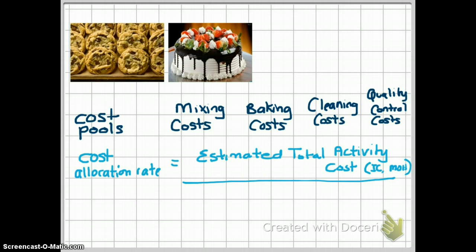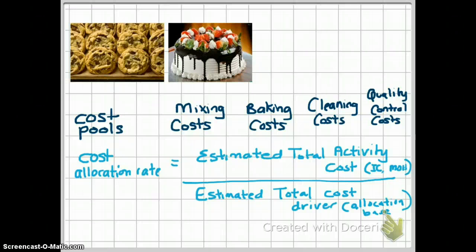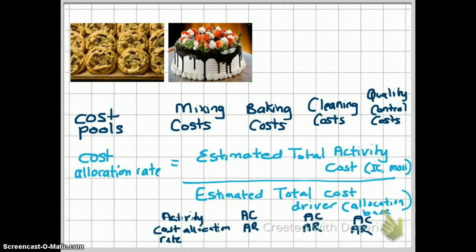So estimated total activity cost divided by estimated total allocation base or estimated total cost driver. Sometimes they'll call it allocation base, sometimes they'll call it cost driver. And then we come up with 4 different cost allocation rates. So you'll have an allocation rate for the mixing cost, for baking cost, cleaning cost, and quality control costs.